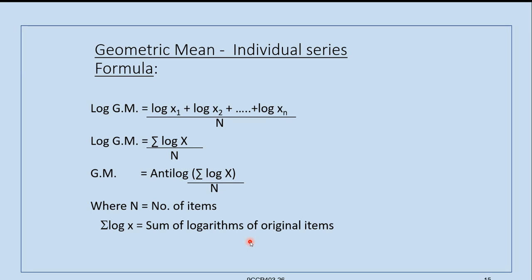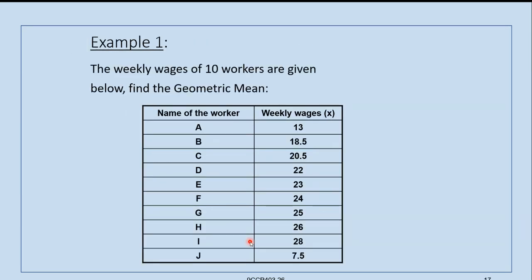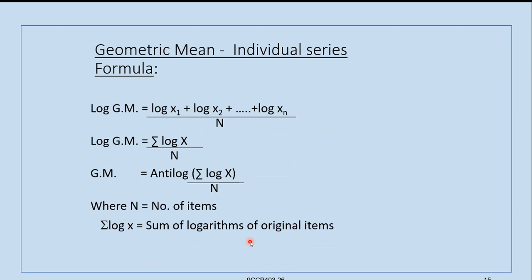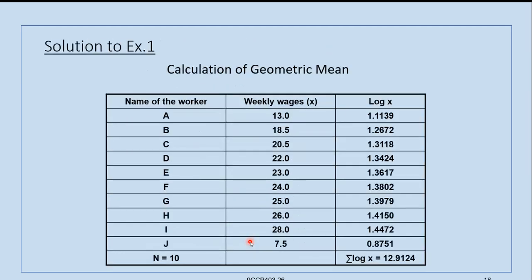So as I said, individual observations will have only one column. Again, we will take a table consisting of two columns, or three columns, because we have to put log x also.